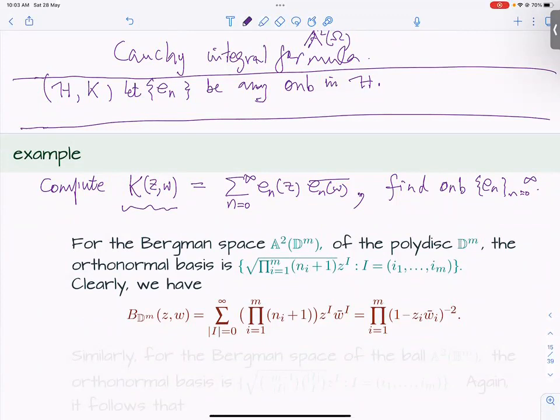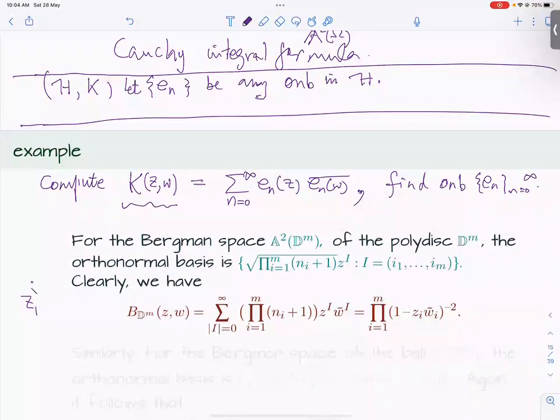And I will not go into the details right now, but it turns out because this is the product measure, you can essentially take the orthonormal basis one at a time and multiply them to get the orthonormal basis for the Bergman space of D^m. What that means is the orthonormal basis looks like z_1 to the power i_1, through z_m to the power i_m.